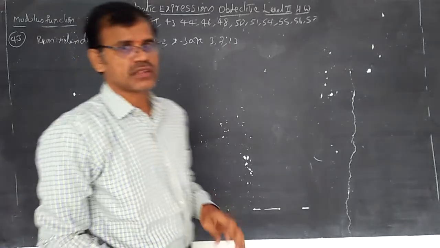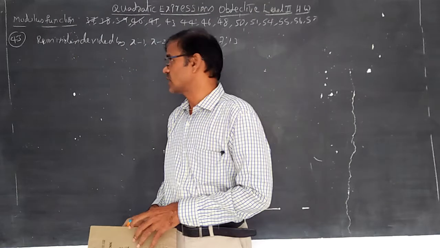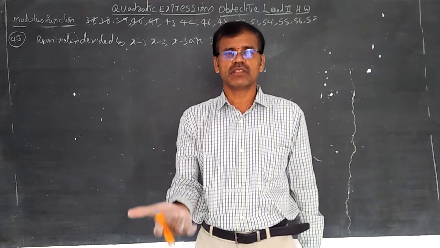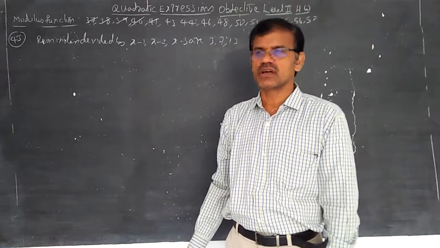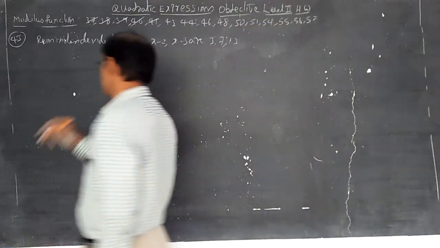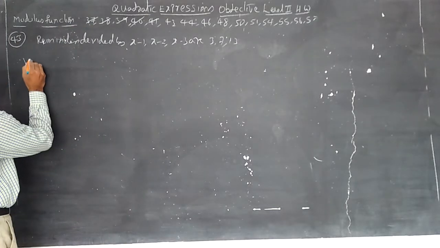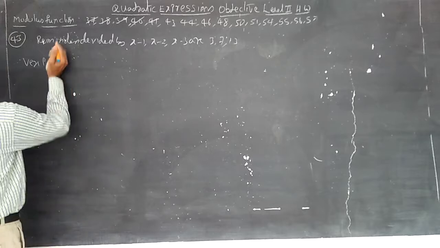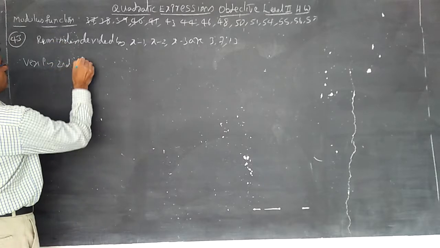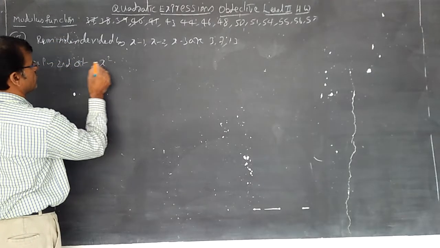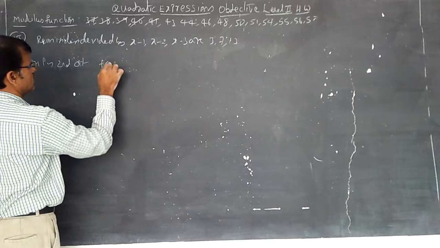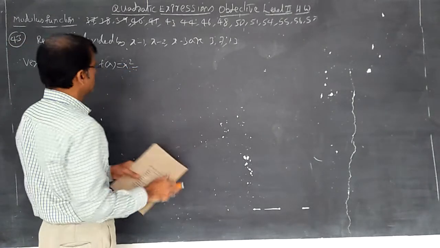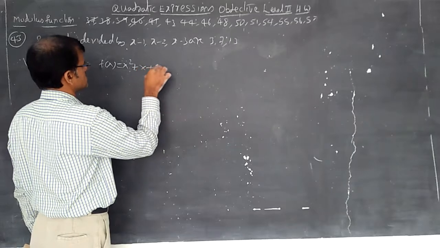It depends upon the remainder theorem. If f of x is a rational polynomial, if x minus a is a factor of the polynomial, then f of a is equal to 0, that is the remainder theorem. So verify the options. Verify the second option. f of x is equal to x square plus x plus 1.